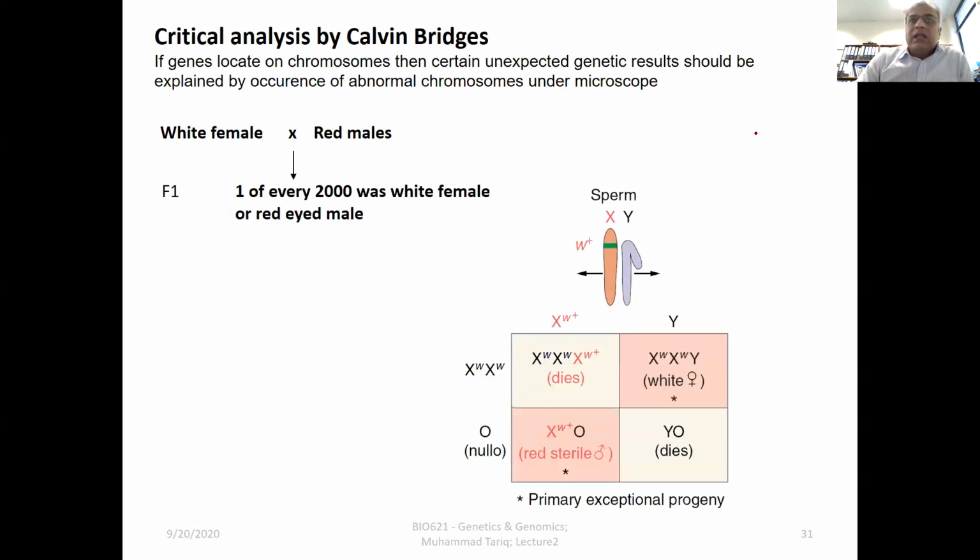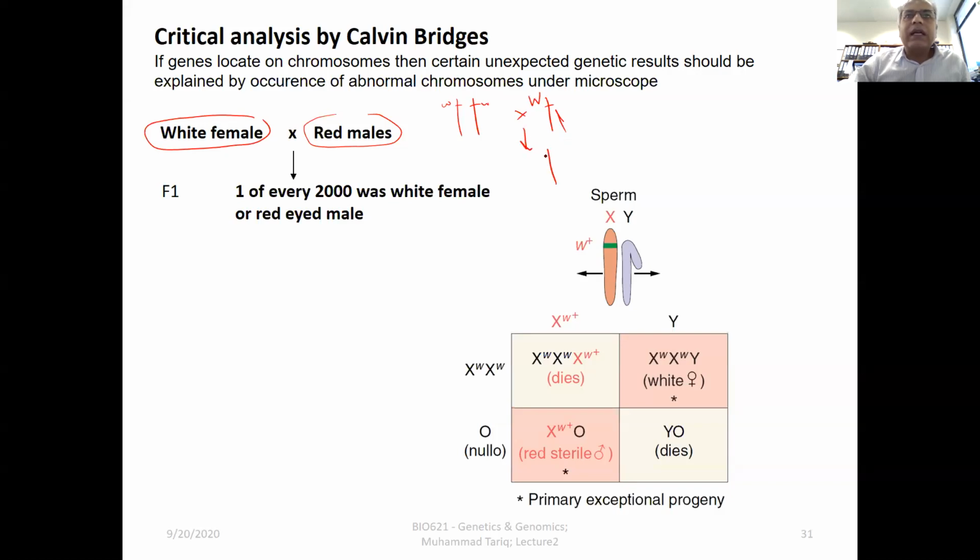They did discover another thing. Morgan's lab discovered some exceptions when they crossed white females with red males. So a white female is what? You have small w, small w, crossed with red males like this.